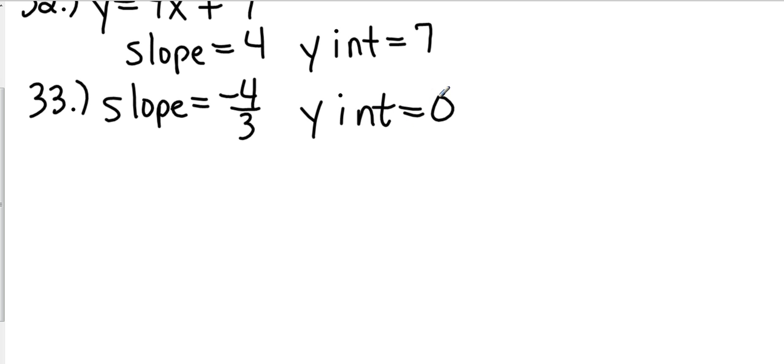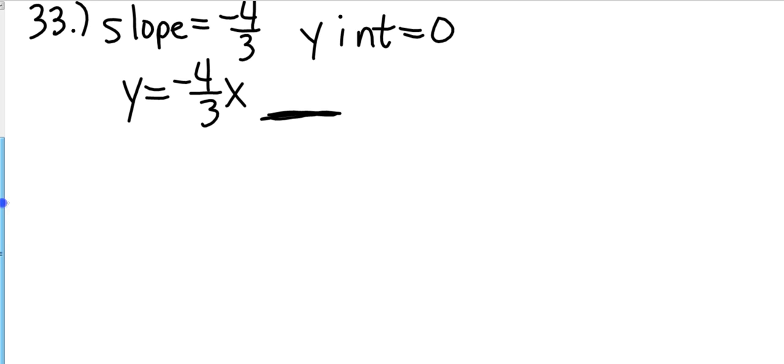Okay, so in this one, the original equation was this. Notice that slope is the value that's in front of the x, but there is not a value for the y-intercept. That's why we put plus 0, because we can add 0 to anything and it doesn't change the value. So that makes my y-intercept 0.